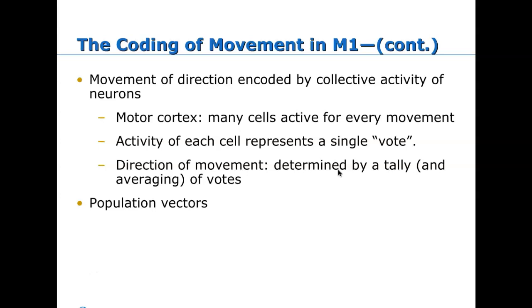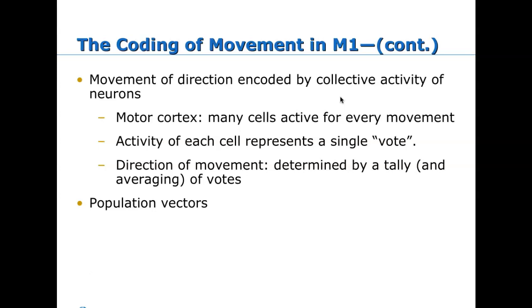We have these broadly tuned neurons, and each direction, each movement is encoded by activity of many different neurons. So there is no one-to-one representation like we have in the visual cortex.